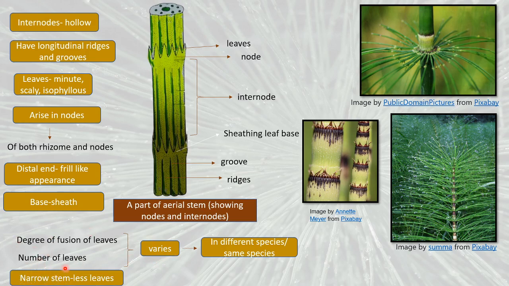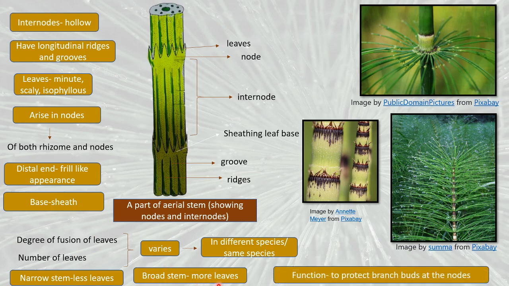Now in those species that have a narrow stem, there would be fewer leaves present, but in those species that have a broad stem, there would be more leaves present. Now the main function of the leaf in Equisetum is not photosynthetic, but it is to protect the branch buds at the nodes.